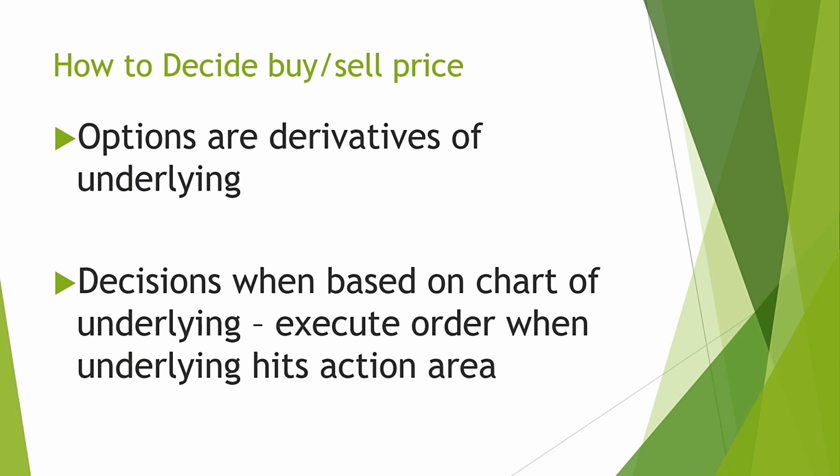Sometimes the stop gets triggered on option charts but does not get triggered on the underlying chart. So when the underlying hits the area of action on the chart of the underlying, then the order should be executed in options. There are different types of orders available. Limit orders are best for initiation of an options trade when taking an entry.